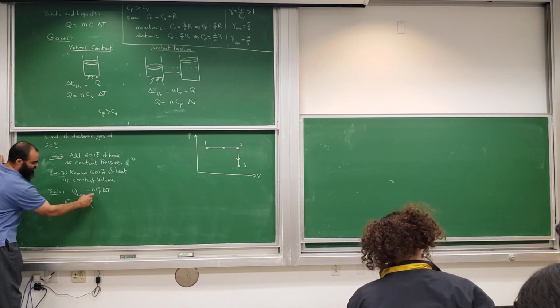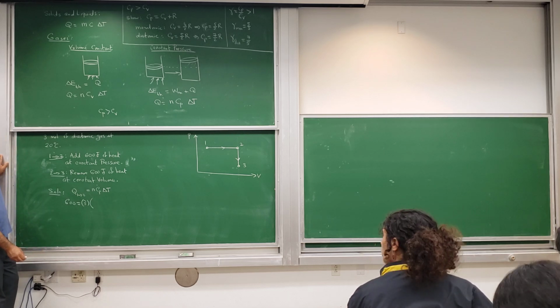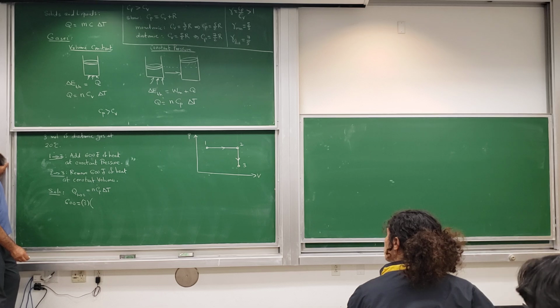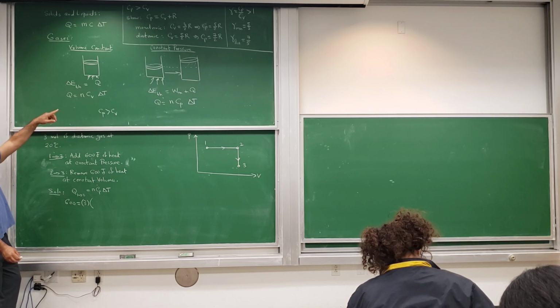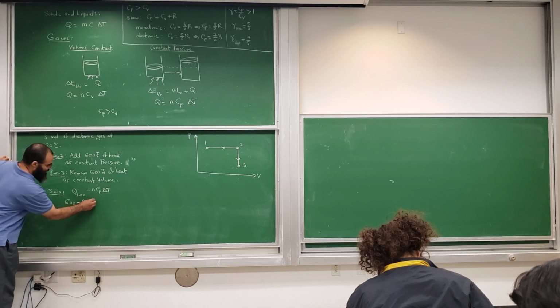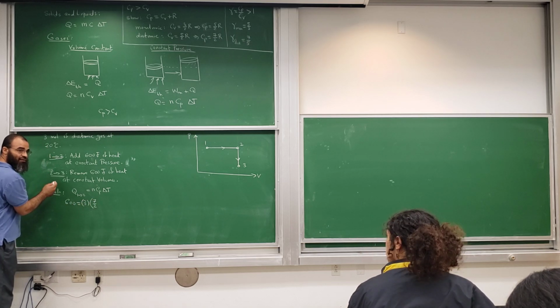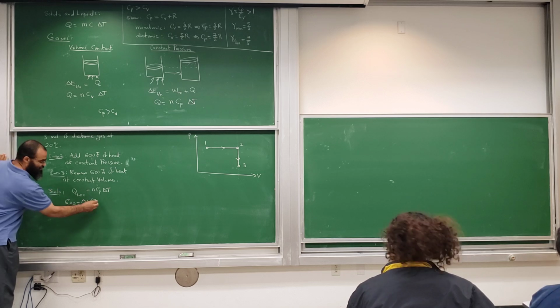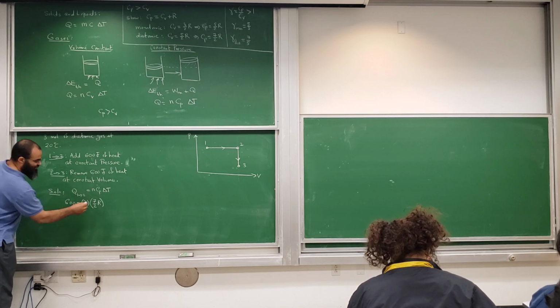What should I put for CP? 7 over 2 R, because it's diatomic. And what's R again? 8.314. I would just write R for now. When you plug in, put in those numbers.